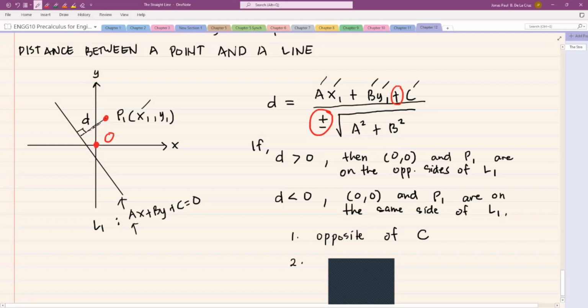But if C is equal to 0, then the sign to be used is the same as that of B. Since this d is a directed distance, these are its geometric interpretations, which depend on the sign of the distance.